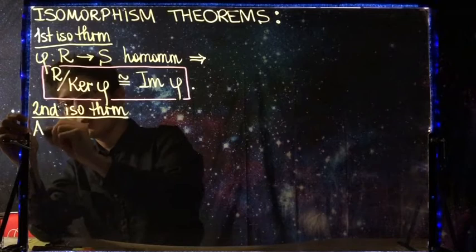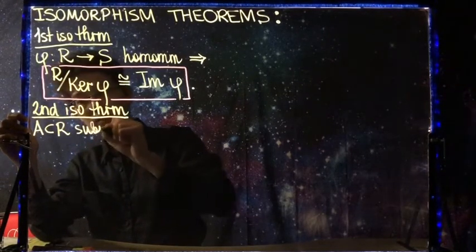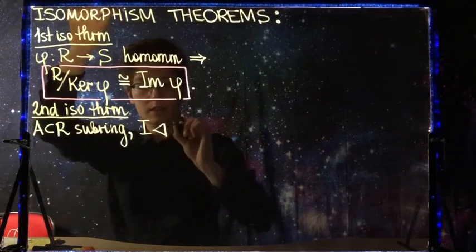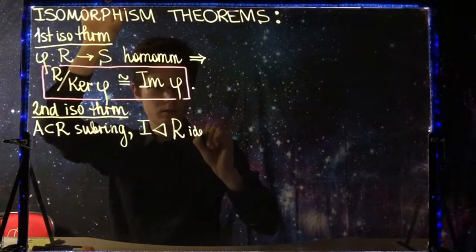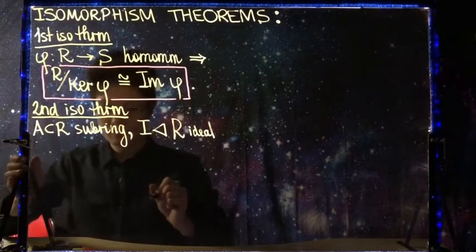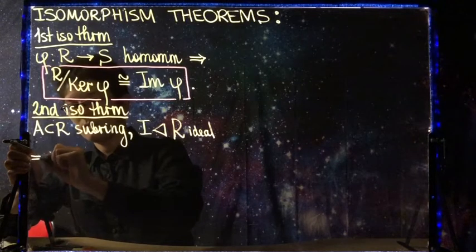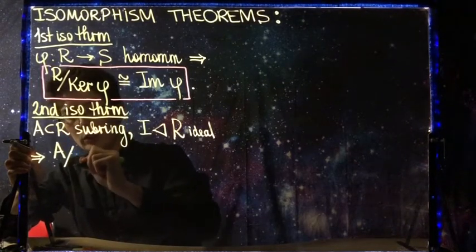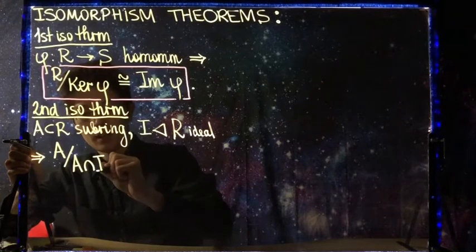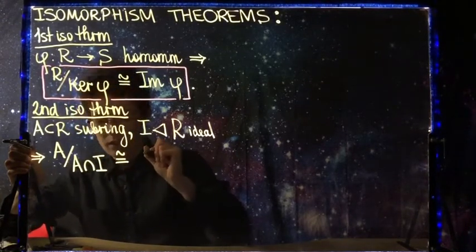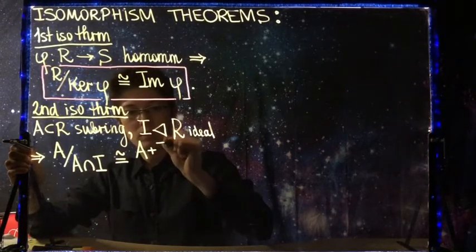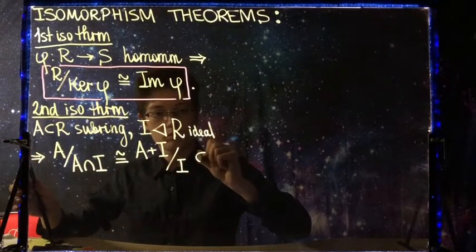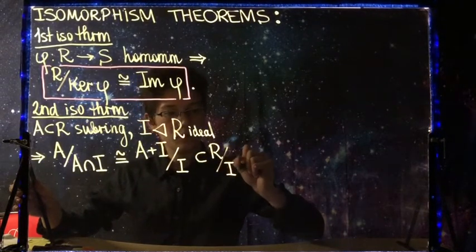Let's say that we have a ring R and a subring A, as well as an ideal I in R. Then the isomorphism that we have is that the quotient of A by A intersected with I is naturally isomorphic to A plus I quotient by I, inside of R mod I.